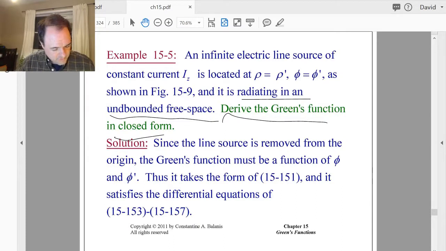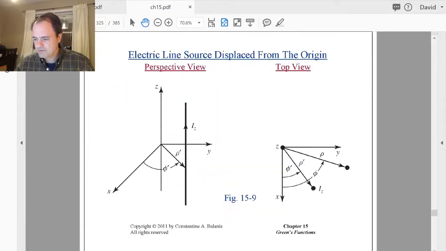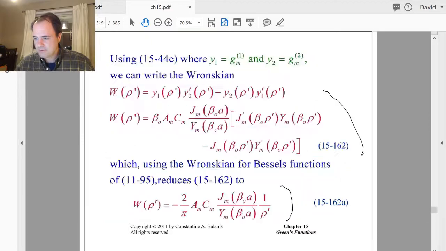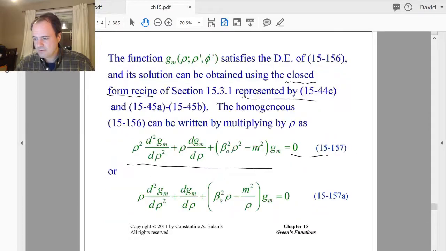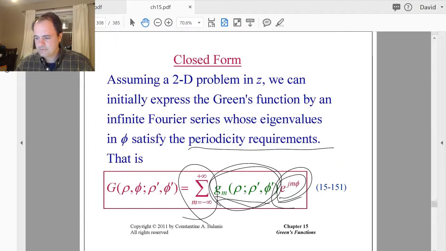So let's go back to 15-1. So it must be, where's our 15-1? Here's 15-1. It must be of this form here. All right. So here's our phi prime dependence.